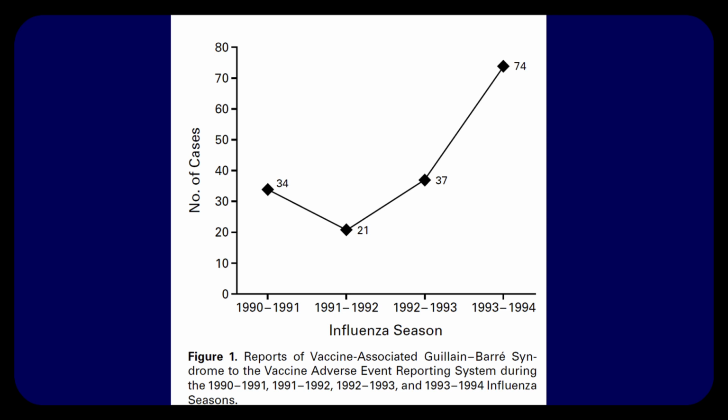Remember, all the reports to VAERS are following a vaccination, and this graph shows Guillain-Barré syndrome cases that people associated with their flu vaccine receipt and the trend over time. And so it became important to understand, is this spike in Guillain-Barré syndrome cases something that is causally related to the flu vaccine? Harking back to those years in the 1970s, where we saw a very real and significant increase in Guillain-Barré syndrome after flu vaccine.